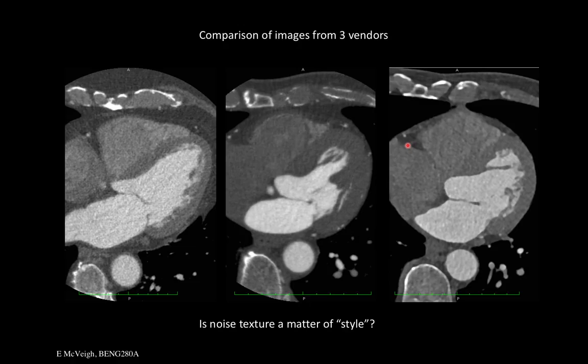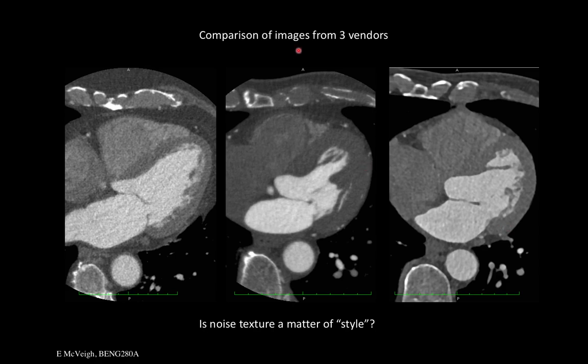Those are the right coronary arteries, and you're looking to see if that's open or closed. That's one diagnostic task. Another diagnostic task is to look at the brightness of the signal in the myocardium, here, here, and here, to determine whether or not the contrast got into the myocardium.